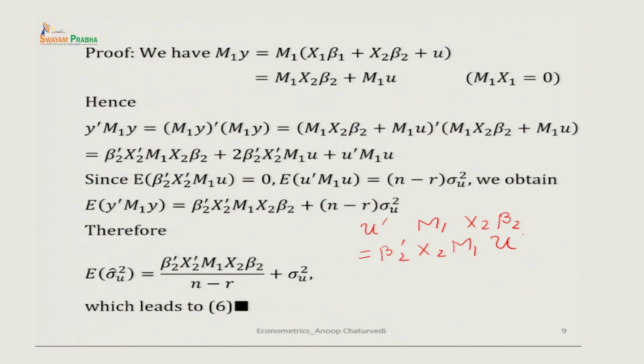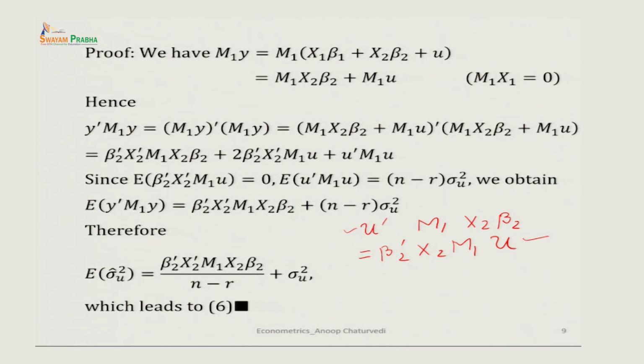Actually, both are of order 1 cross 1, and if you take the transpose of this you get this, and the transpose of a scalar is the same scalar. So, actually you get 2 times beta 2 transpose x 2 transpose m 1 u here, and the last term is u transpose m 1 transpose m 1, which is equal to m 1 u.